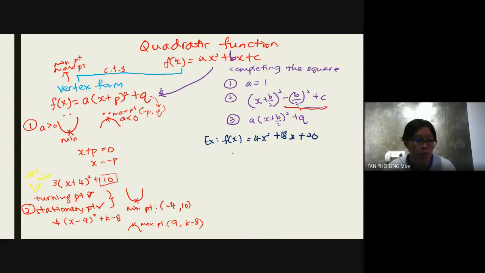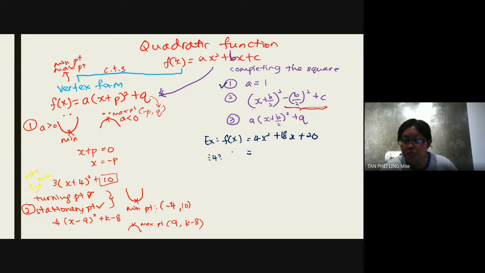So how am I going to start? Remember, we said that the a must always be equal to 1. So now my a is 4. So how am I going to do it? Can I divide by 4? Remember, last time when we dealt with equations, we divided by 4. The reason is because the equation is equal to 0, and 0 divided by 4 gives 0.